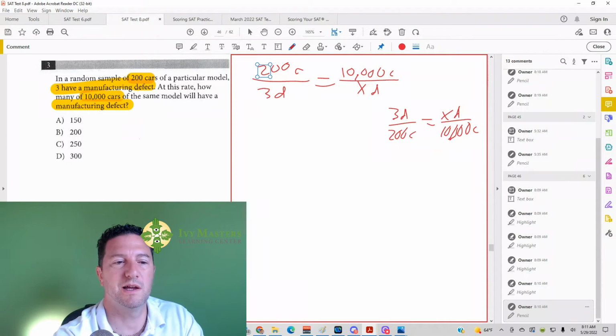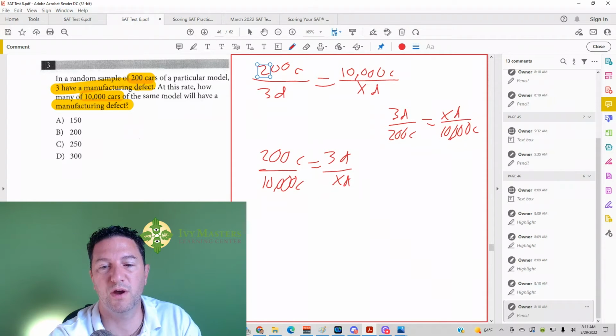Or I could say if 200 cars have 3 manufacturing defects, then 10,000 cars have how many manufacturing defects?